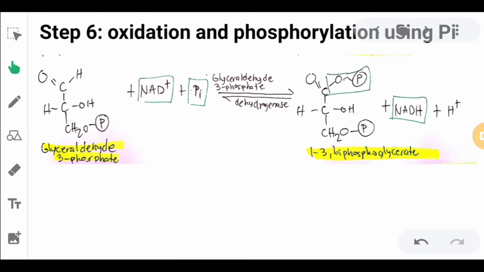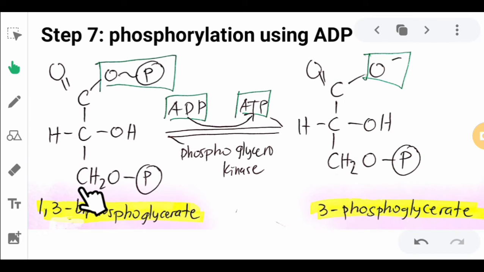Okay, next, step 7. Now you have produced 2 pieces of this, because you have 2 pieces of glyceraldehyde 3-phosphate from step 4 and step 5. So you will have 2 pieces of 1,3-bisphosphoglycerate that will undergo step 7. In step 7, we will be producing energy.